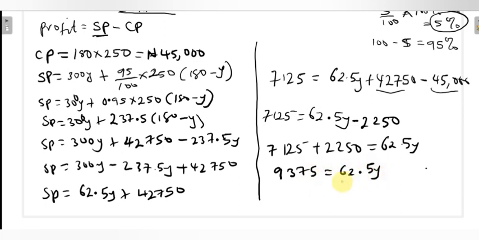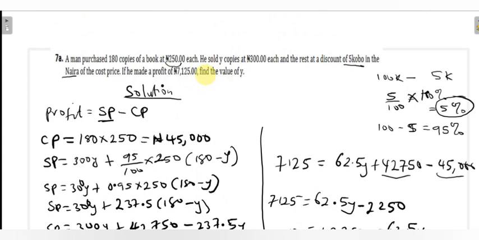So when I divide both sides by 62.5, Y is going to be equal to 9,375 divided by 62.5. That's equal to 150. So Y is equal to 150. So that's the value of Y for this.